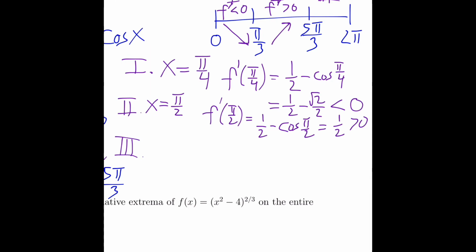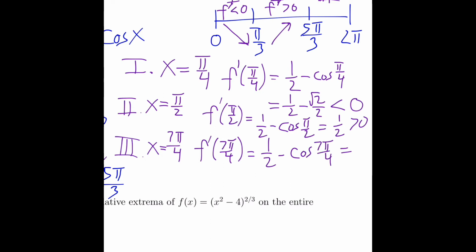Maybe I will use, let's say, 7 pi over 4. F prime of 7 pi over 4 is going to be equal to 1/2 minus the cosine of 7 pi over 4, which is again square root of 2 over 2. So that will be less than 0, which means that the function is going to be decreasing there.